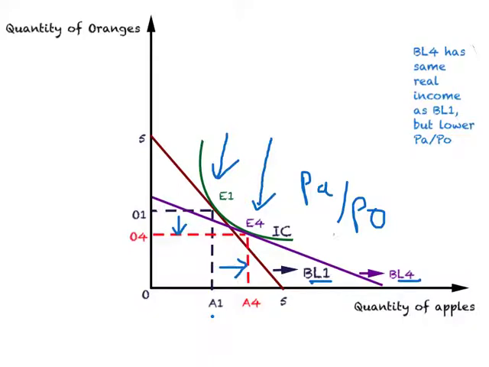So what is the substitution effect on apples? And I'll just write this down. Substitution effect on apples is equal to A1, A4. And what is the substitution effect on oranges? You can identify that, and that will be O1, O4.